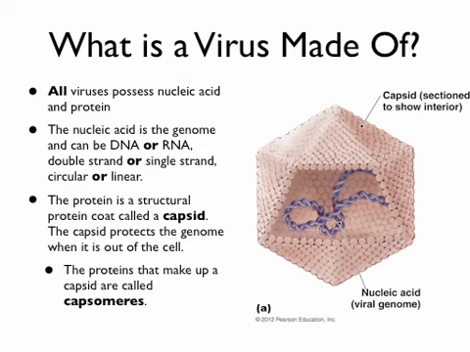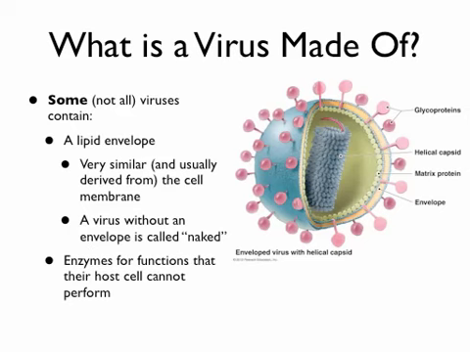This capsid is this set of outer proteins, and it's usually made out of a bunch of proteins all working together. Those proteins that make up the capsid are called capsomeres. So a capsid is made out of individual capsomeres. That's what all viruses have.